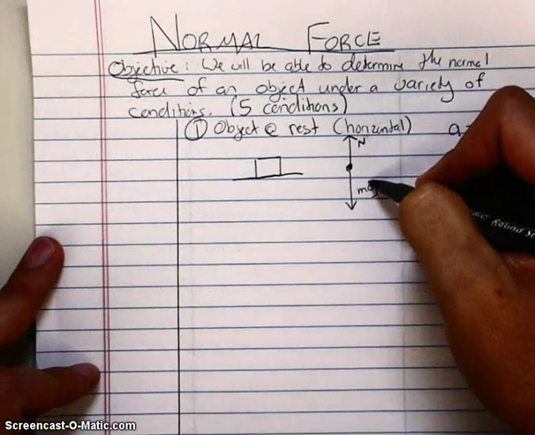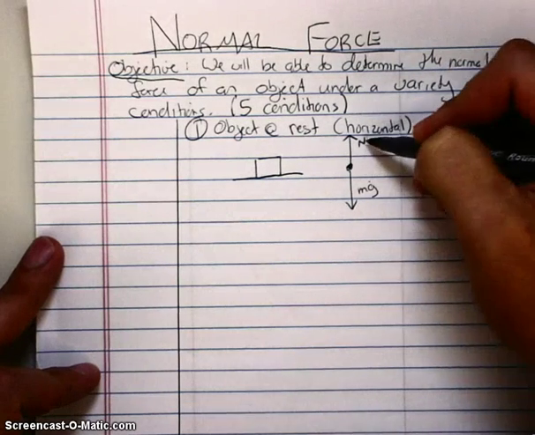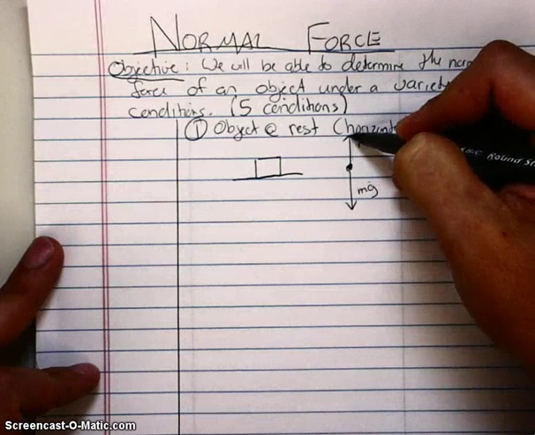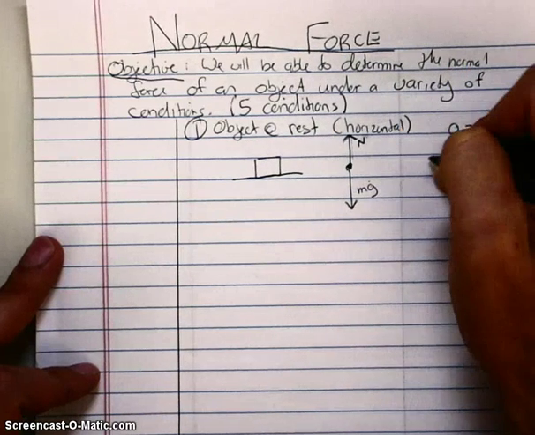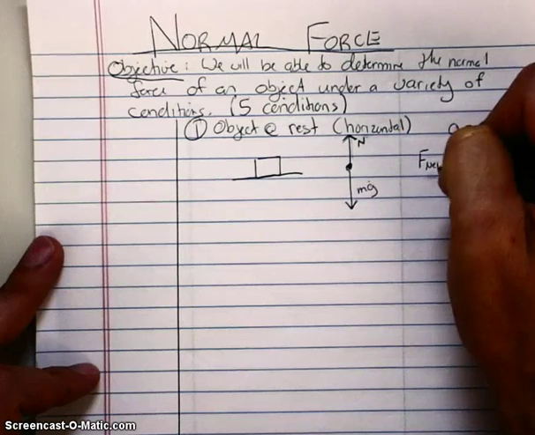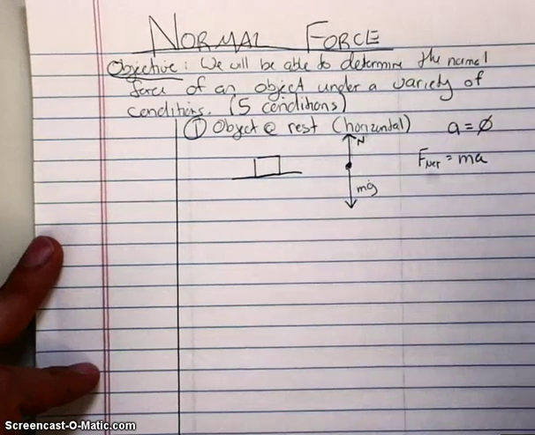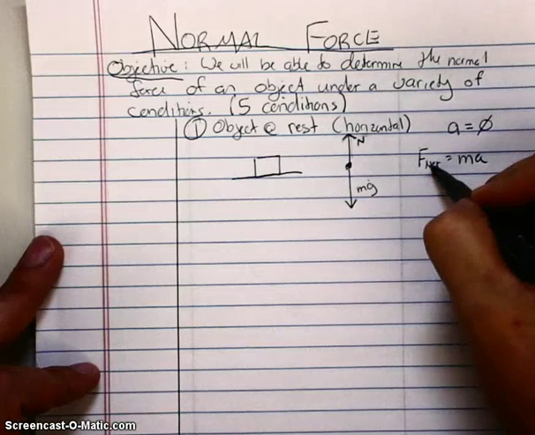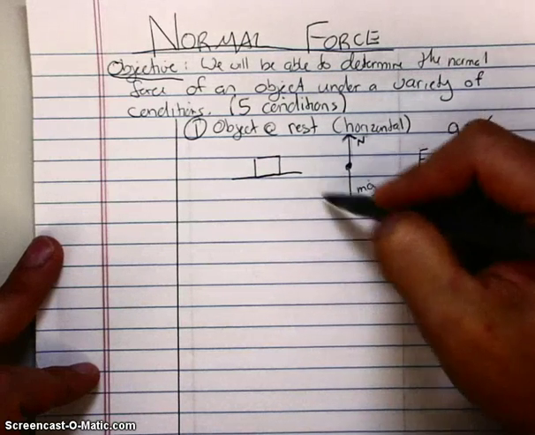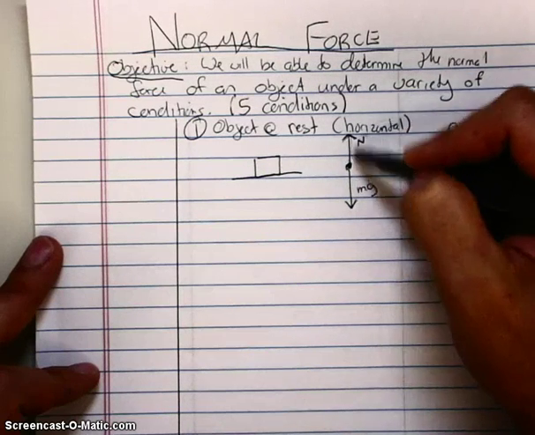And let me show you why. Right now, normal force is going up in a positive direction. Mg is going down in a negative direction. So if we drew our equation out, F net equals ma, I highly recommend drawing F net each time. Our net force, looking at this diagram, is going to be the positive direction and the negative direction.